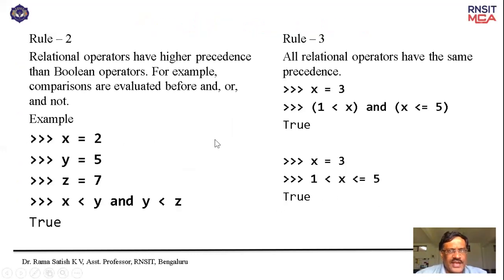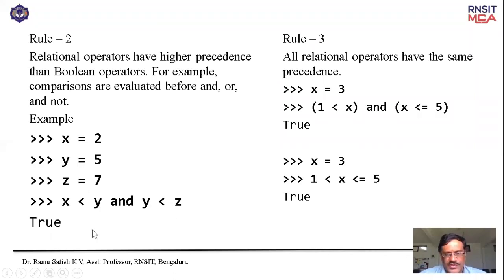Rule number 2 says relational operators have higher precedence than Boolean operators. Yes. Look here, if you write relational operator, Boolean operator, relational operator, what happens? First, the relational operators are executed, then the Boolean operator is executed. So x is less than y, yes, it's true, and y is less than z, that is also true.